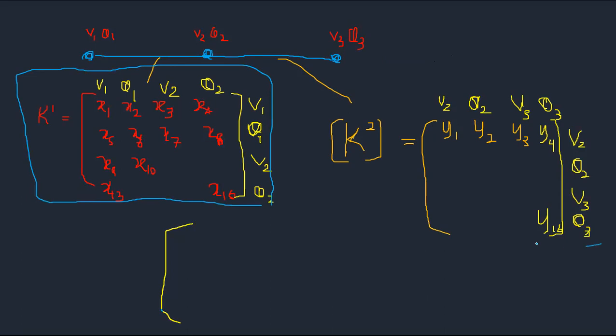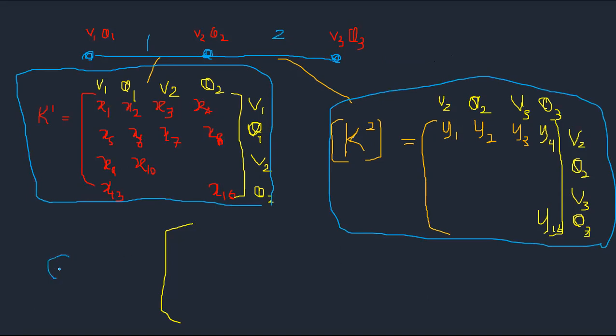For element 1. This is the element stiffness matrix for element 2. And this is the global. For global, you will have 6 displacements, right? v1 theta1, v2 theta2, v3 theta3. So that means a 6 by 6 matrix.